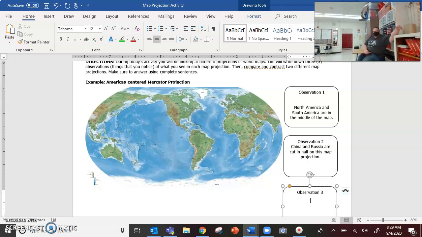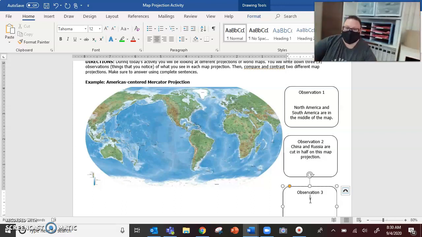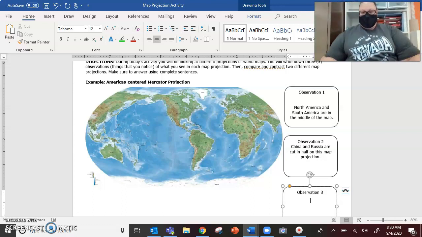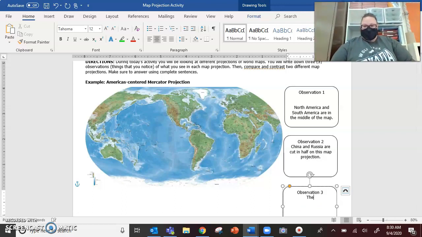Okay? What about a lake? Wouldn't that be blue on a map? Wouldn't a river be blue on a map? So blue represents what? Water. There's a lot of water on this map.